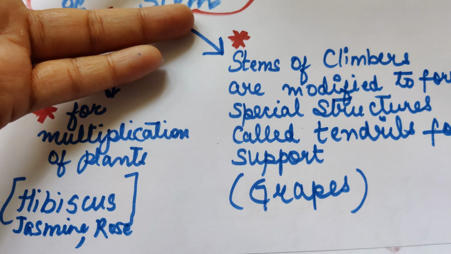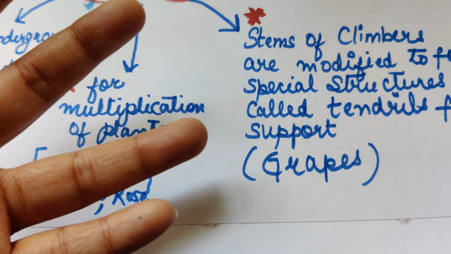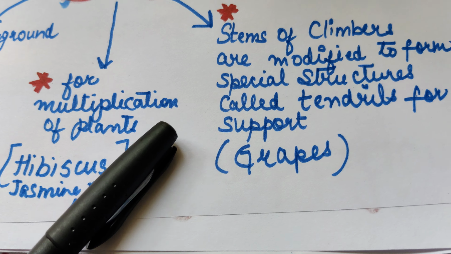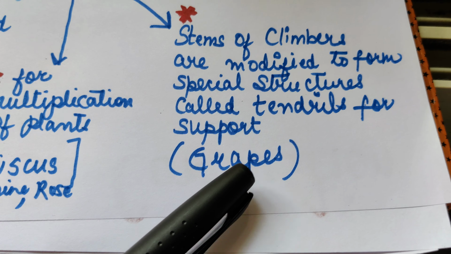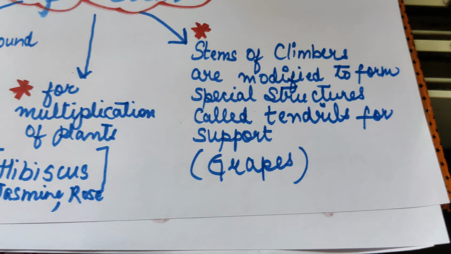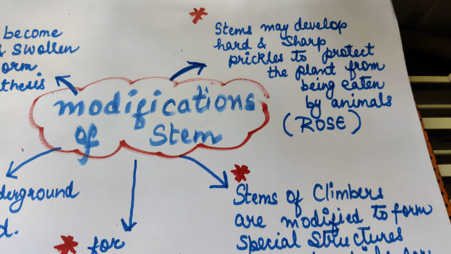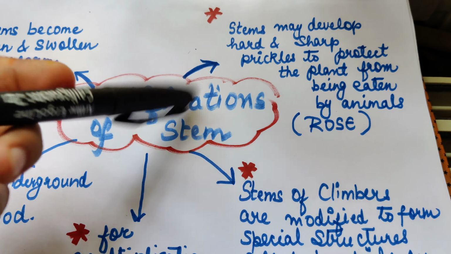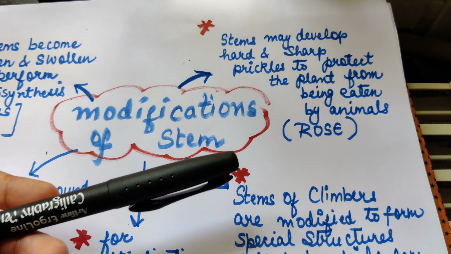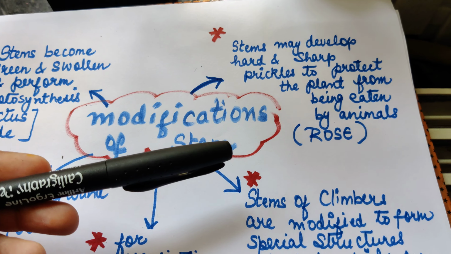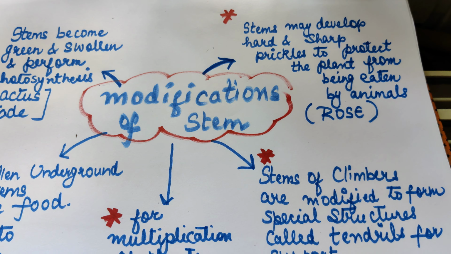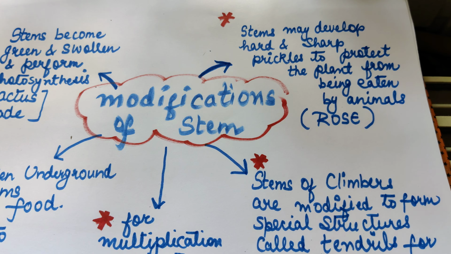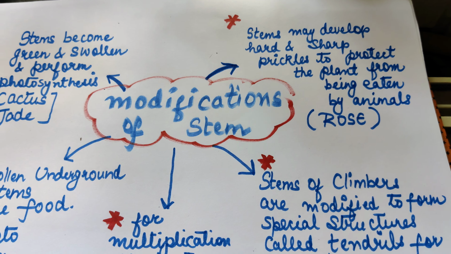When the stems of the climbers are very weak, they get some structure for support, and that is called the tendrils, like in grapes and other plants also. And you have seen a rose plant has got prickles because it is going to protect itself from being eaten up. And these prickles are hard and tough, sharp, also pointed, so nobody can easily cut the stem of the rose.